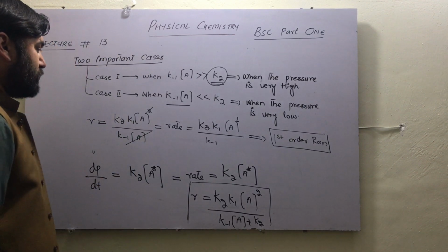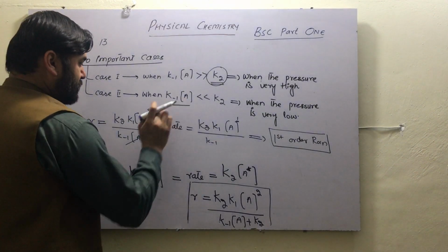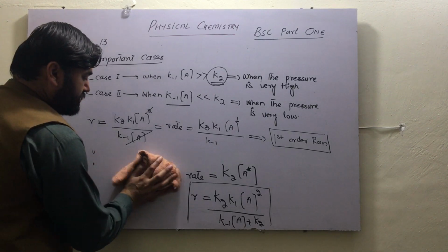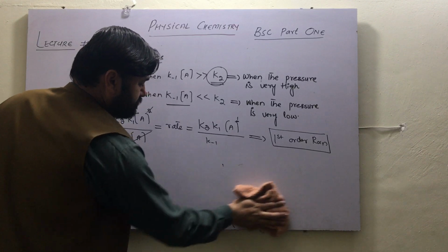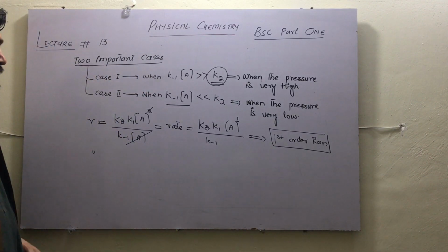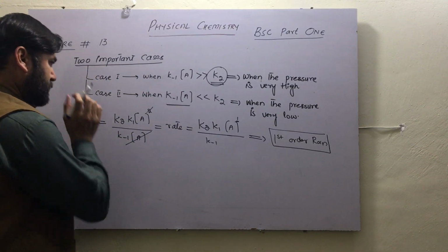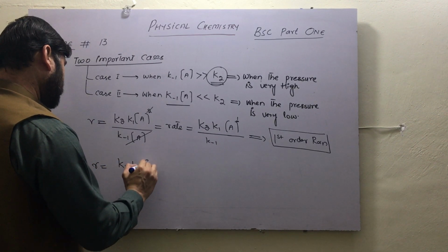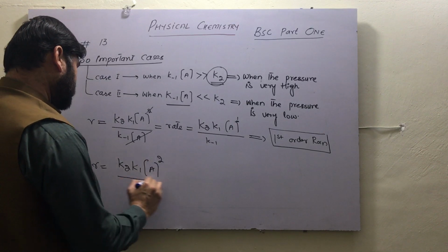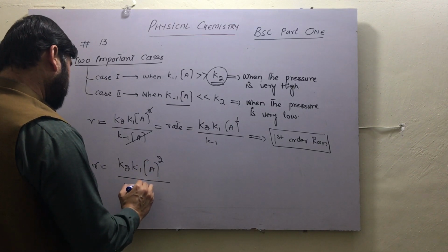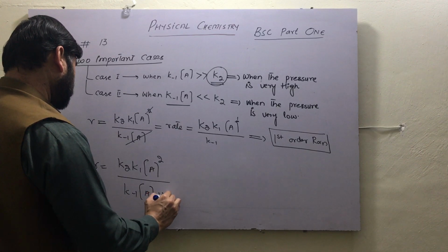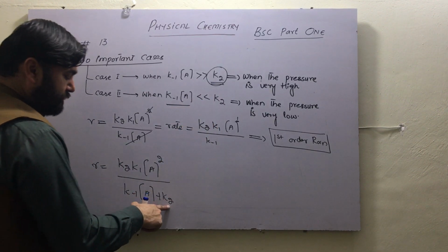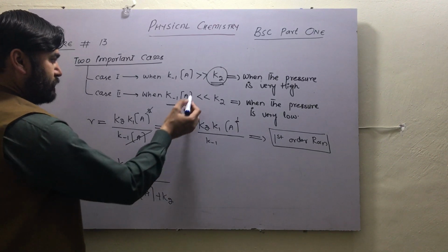Now in the second case, rate will be k2 k1 a square divided by k inverse a plus k2. Now in the second case, this has a high value, this is low, so we will ignore this value.